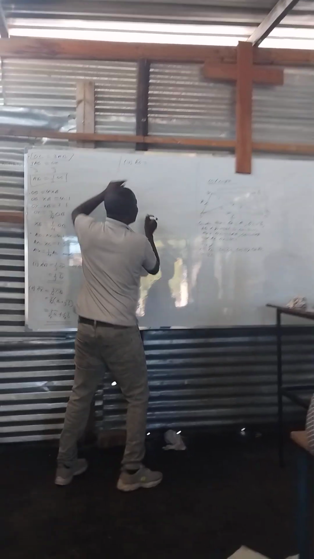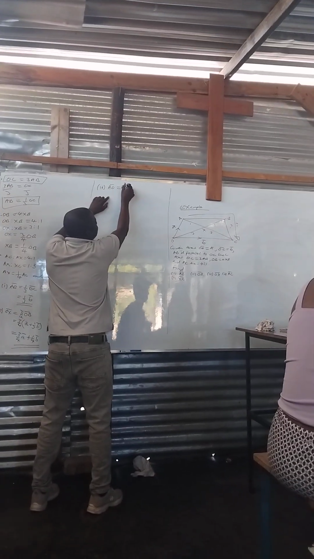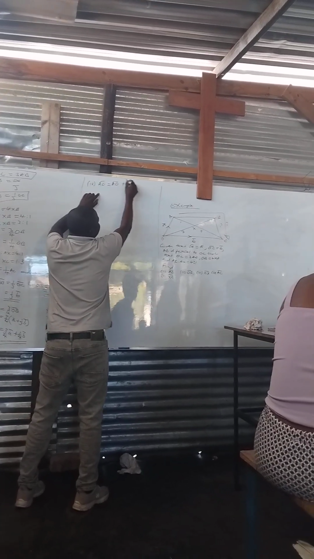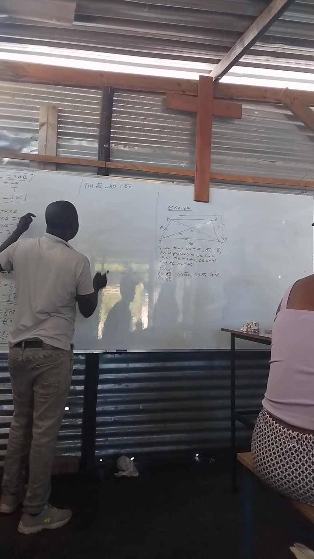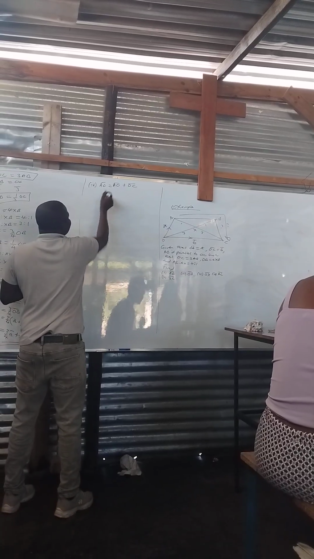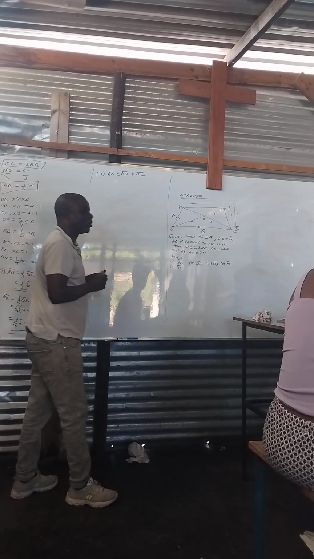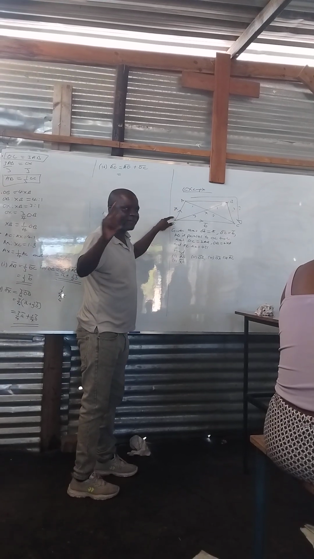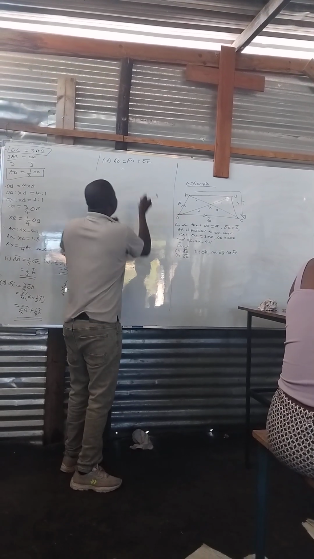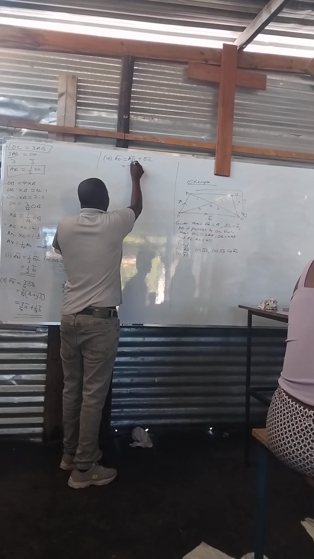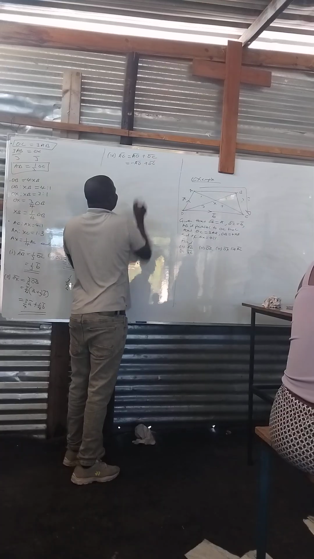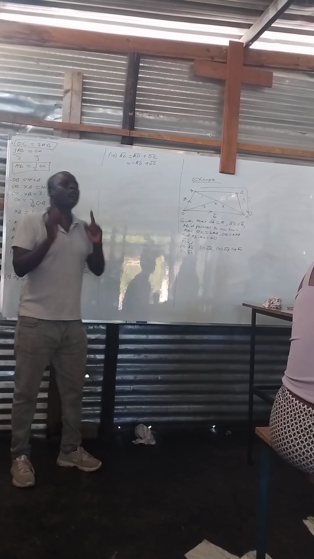So I'll choose this route. I will say from A, I will go to O. Then from O, I go to C. Let us substitute A to O. We are now opposing the arrow direction, so you have negative vector AO, plus OC.